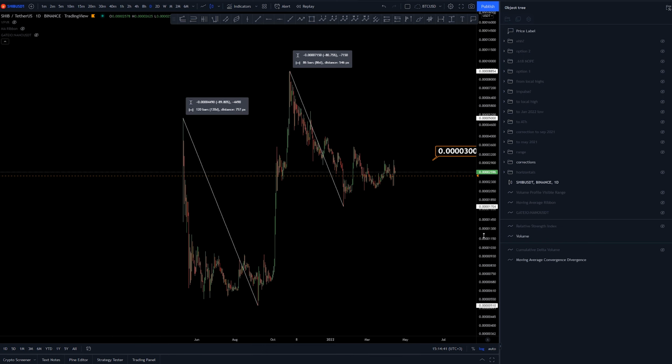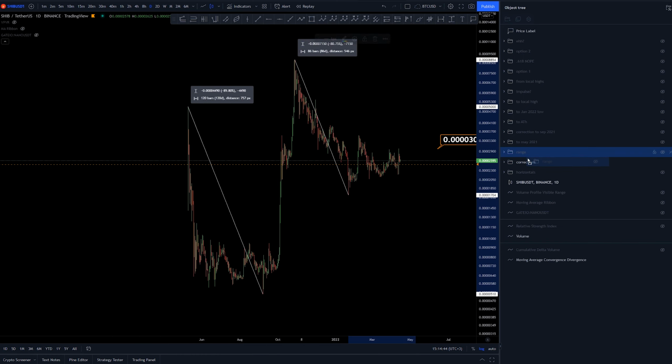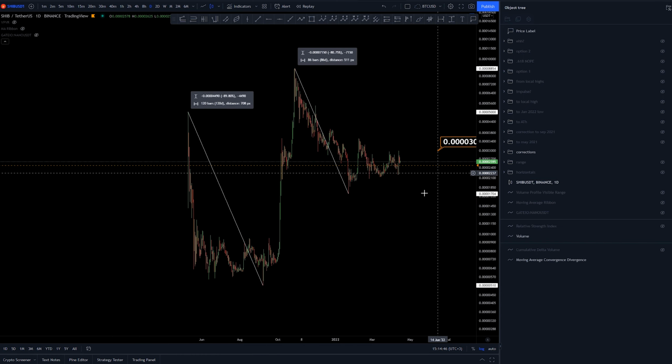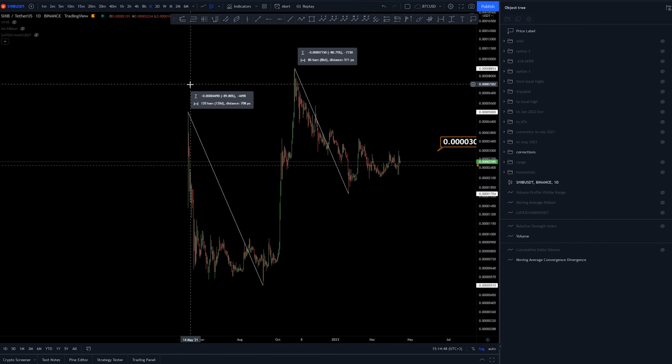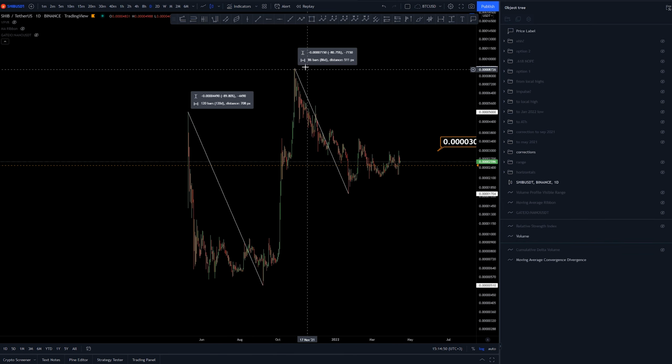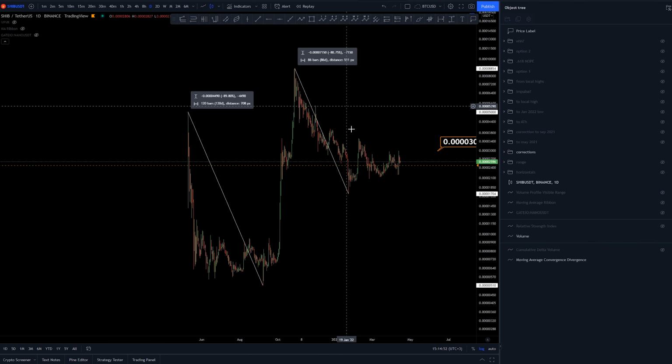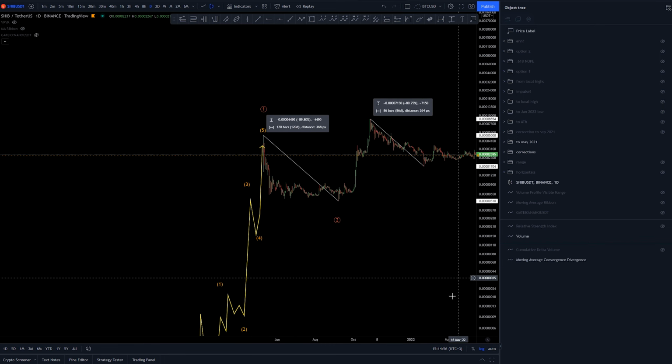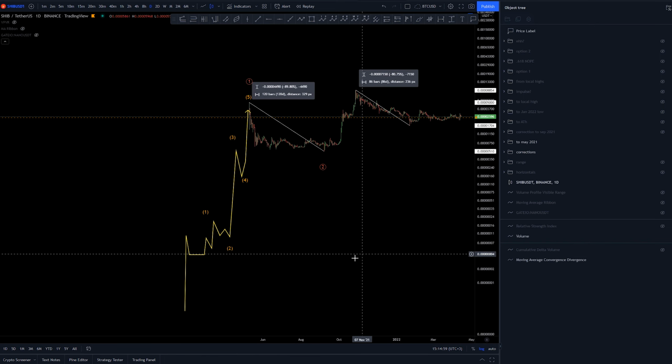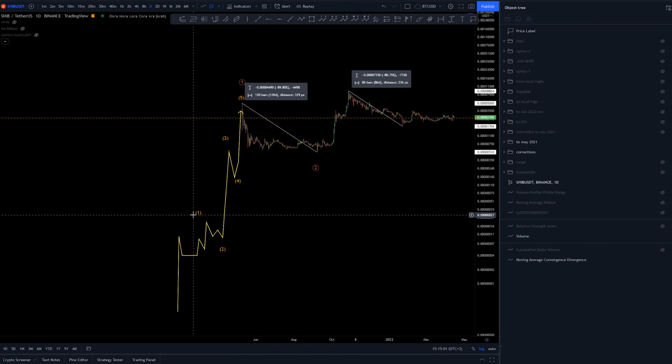So again, we can see two basic large dips here. First one around 90%, second one 81%. So here is the history from CoinMarketCap.